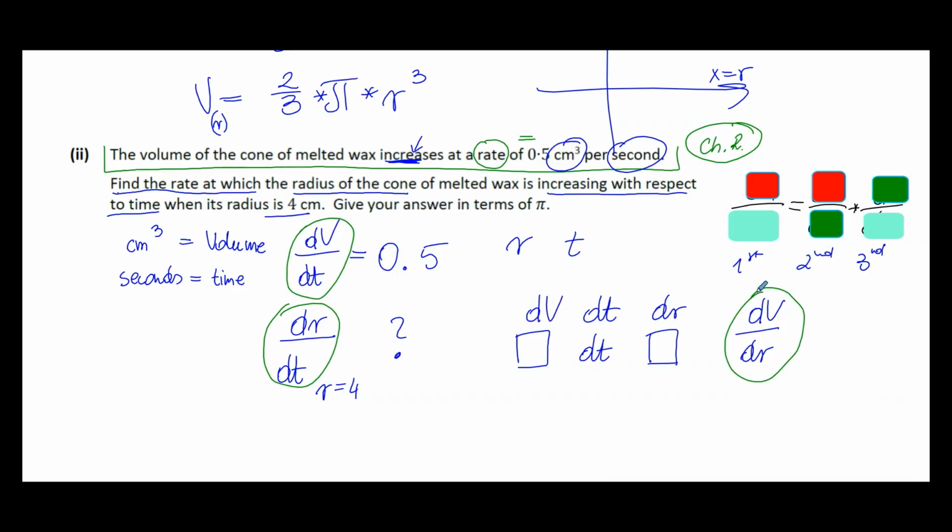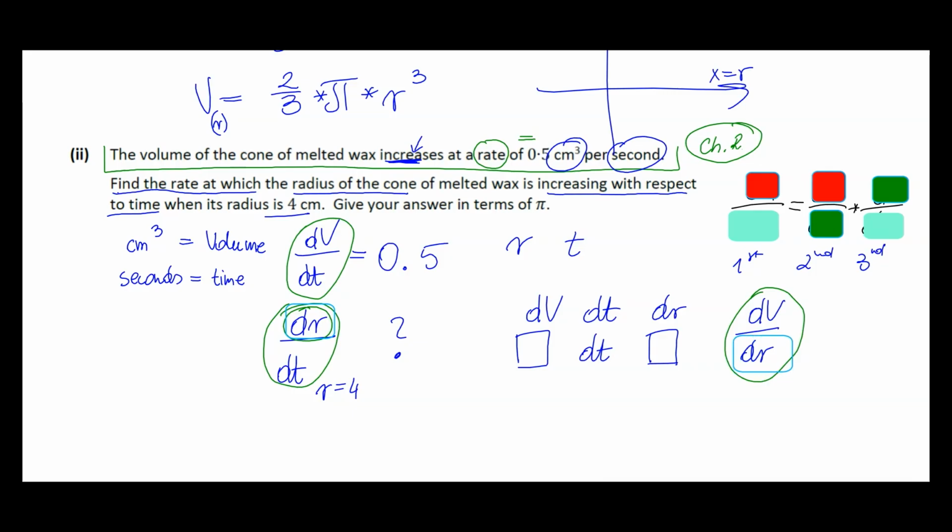Okay. Now, as you can see, one derivative is equal sign, the two are multiply. So how do I know which two are multiply? As you can observe from the colored blocks, those that have the same on the top and the bottom, those two derivatives will be multiply. So in our case, you can see this one have dr. So this one is the r and this one is the r.